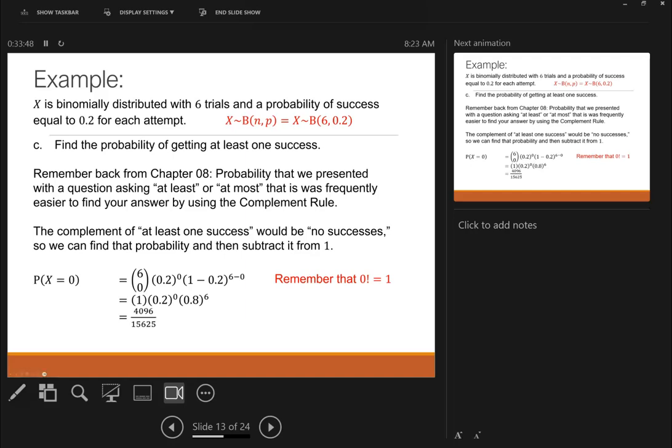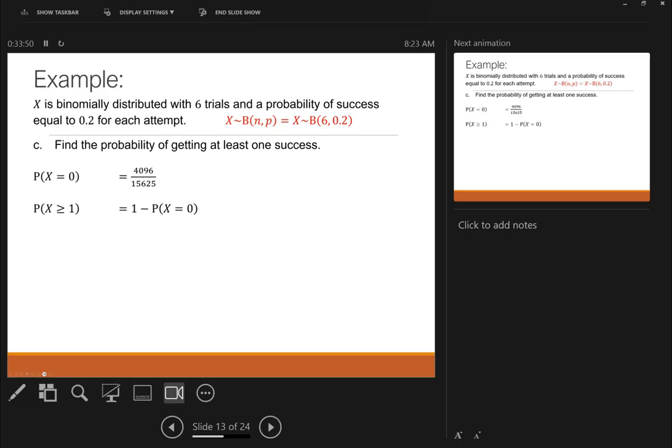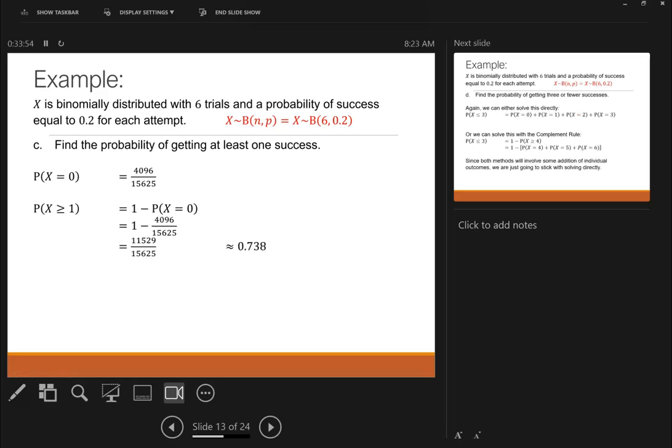So I have that. And then I just do 1 minus that. And there's my answer, just a shade under 74%. Is everybody okay? Again, you could have done P of x equals 1 plus P of x equals 2 plus P of x equals 3, all the way out to P of x equals 6.